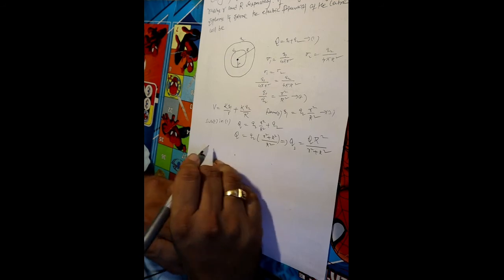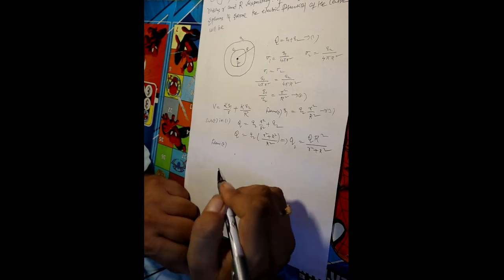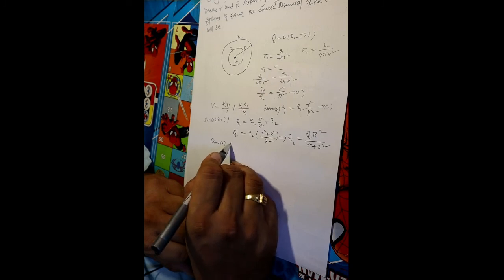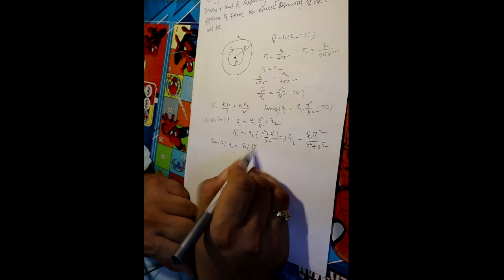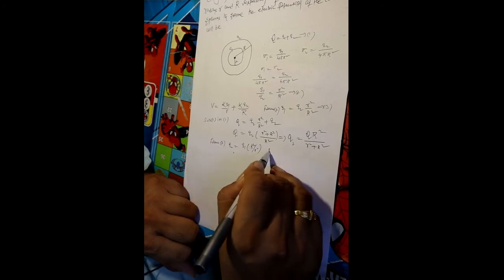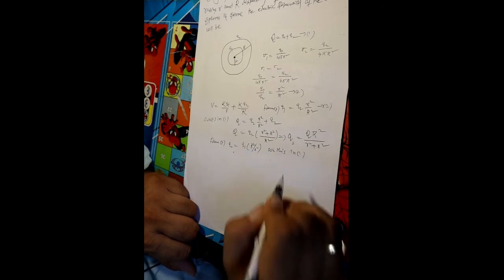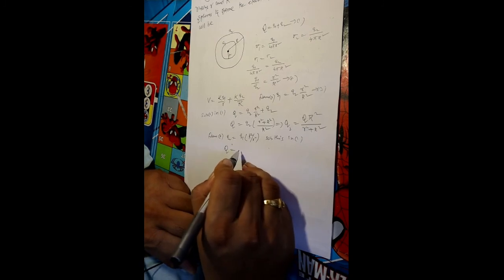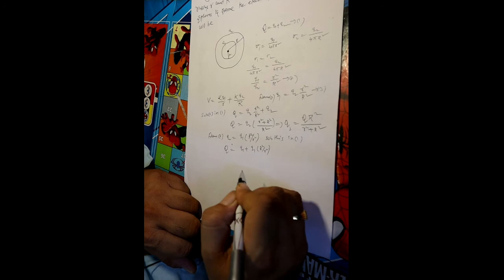So here from 2, Q2 is equal to Q1 into capital R square by small r square. Substitute this in 1. Right, capital Q is equal to Q1 plus Q1 into capital R square by small r square.